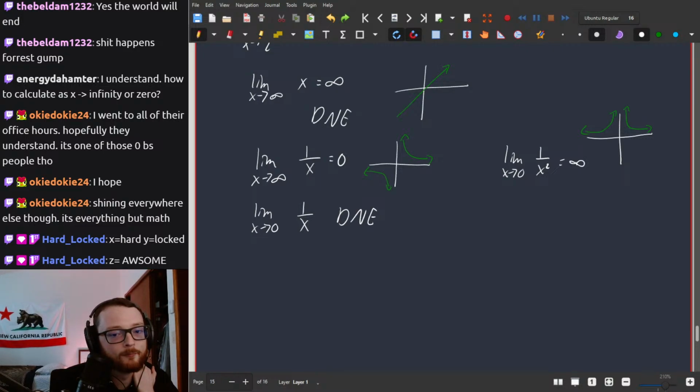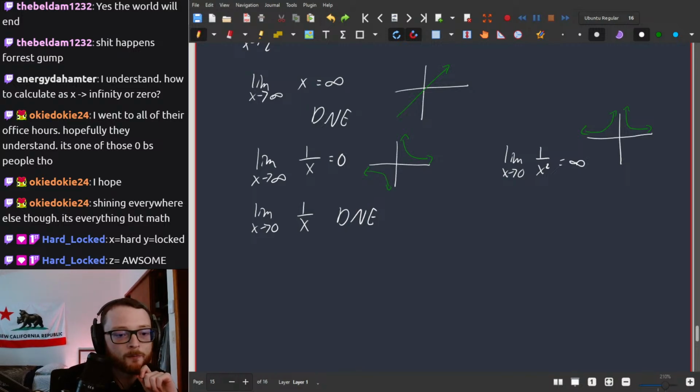And so just like we can think of this limit as dividing by really big numbers, giving a small number, the reverse is also true. If you do 1 divided by a small number, you get a really big number. And if you divide by a really small negative number, you get a really big negative number.